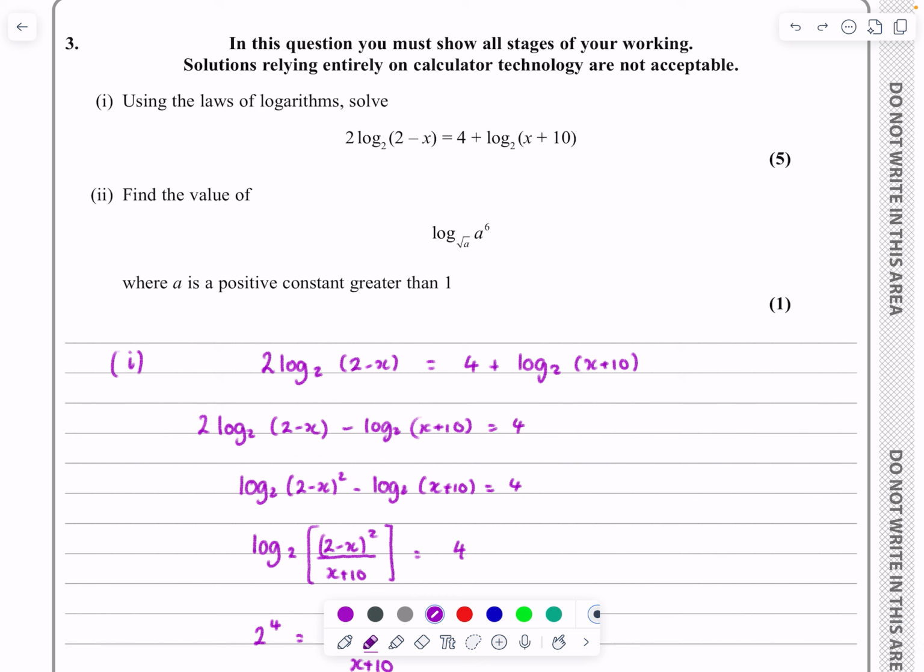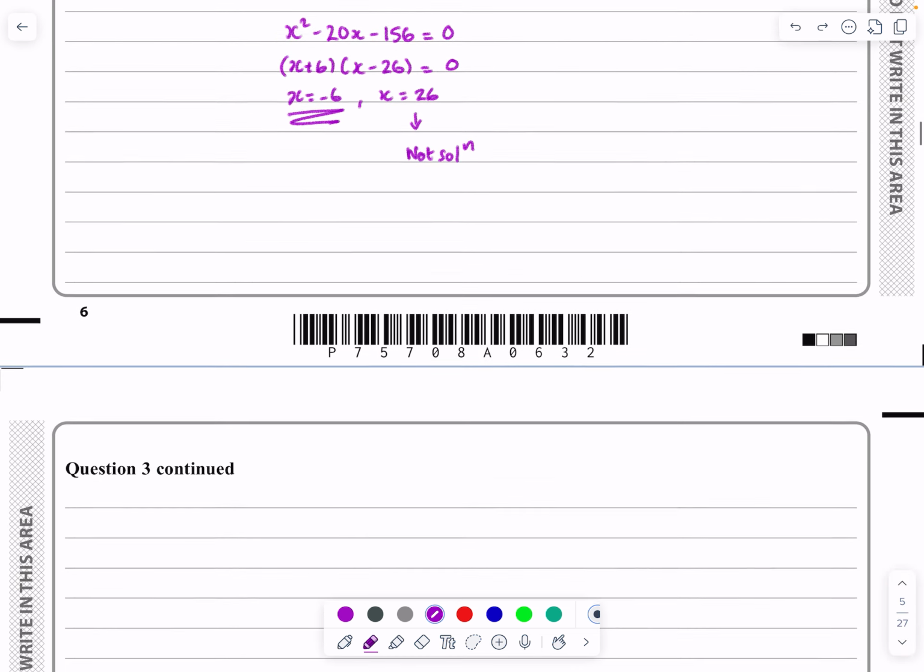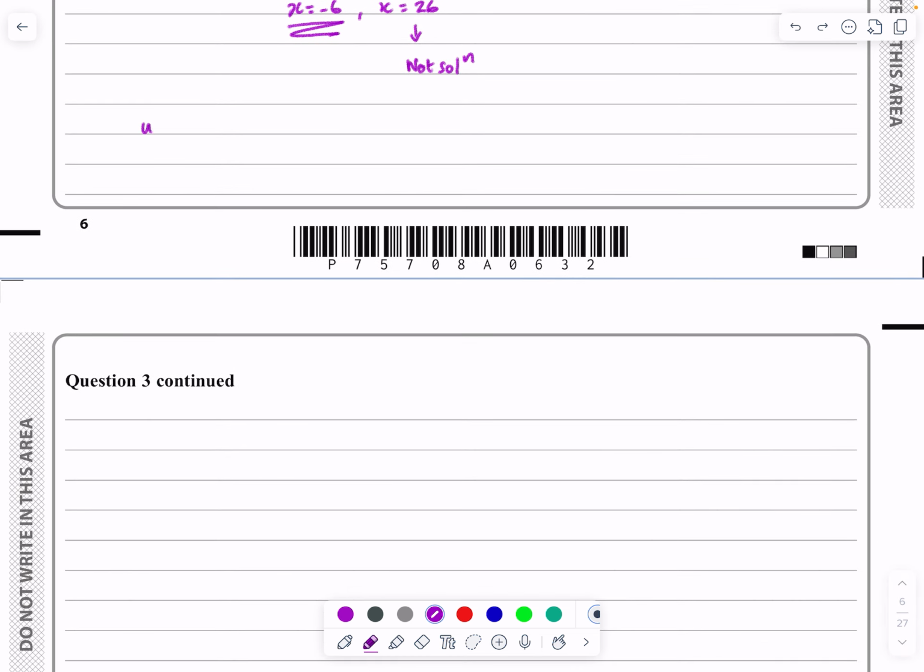Then the last part says, can we find the value of log to the base square root of a, of a to the 6? Yeah, we can. Let's write it down and see what this is going to lead to. So part 2, it said log to the base square root of a of a to the 6. So all I'm going to do is set that equal to x, and then I'm going to do what I did just a minute ago.